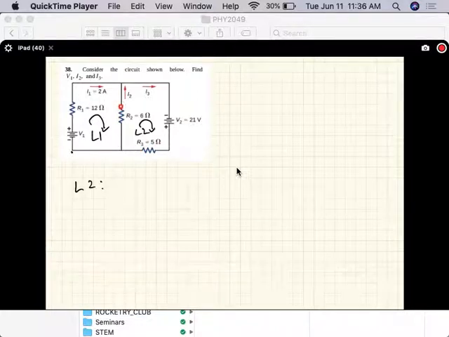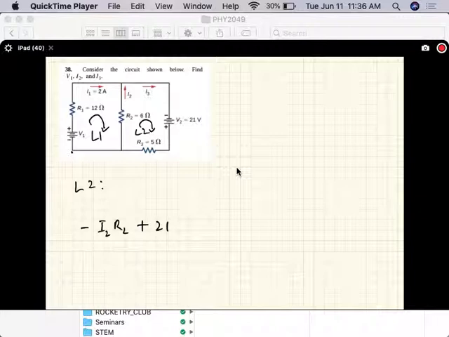The first term is I2 R2, and current flows from high to low, so when you go across, that's negative I2 R2. Then you're going from low to high, so that's plus 21 volts. And again, you're going with the current, so minus I3 R3, and that should equal 0.